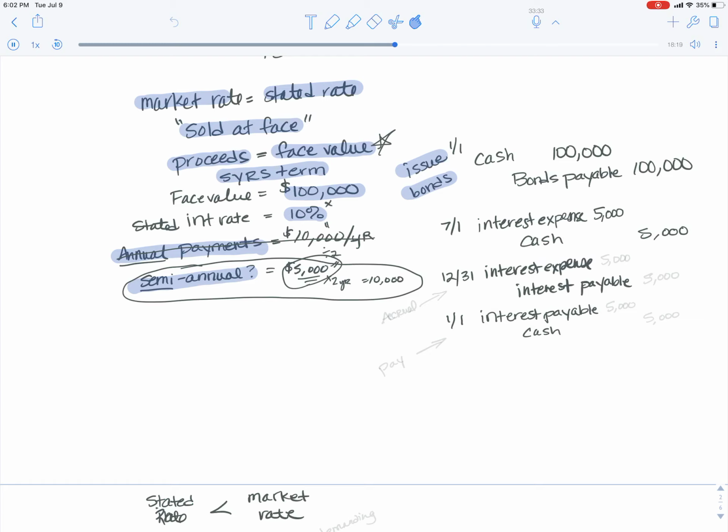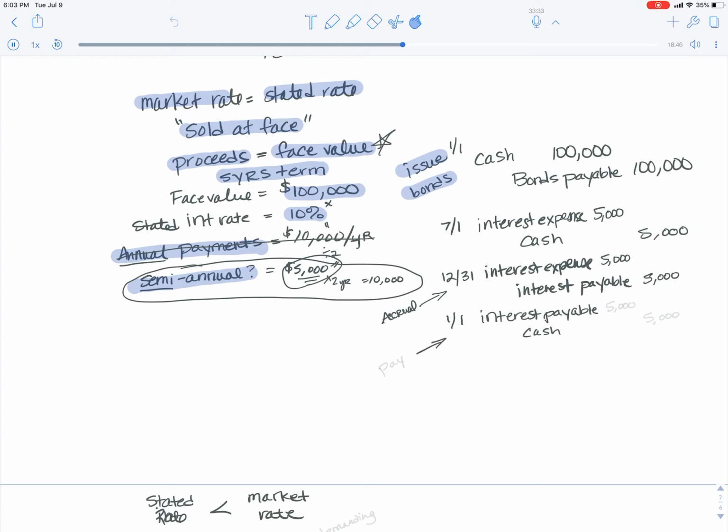Then, come to the end of the year, well, we have to make an accrual because we want to get that second payment on our income statement because all of that 6 months has really passed. We're just not going to pay it until the next day. So the way that we do that is we accrue that interest expense, and we owe it, we're going to pay it tomorrow.